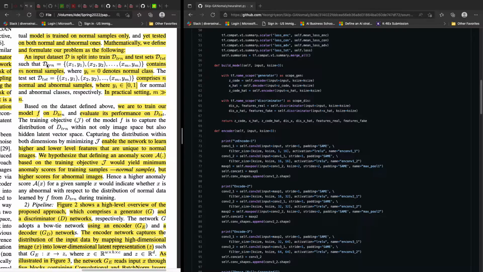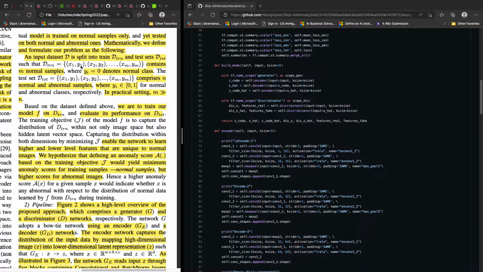Now the way the D_trn is formulated is such that it's a tuple of instances, and the total number of examples in the D_trn is m, where m is a hyperparameter that we choose. So each tuple consists of x, which is an image, and y, which is a label.